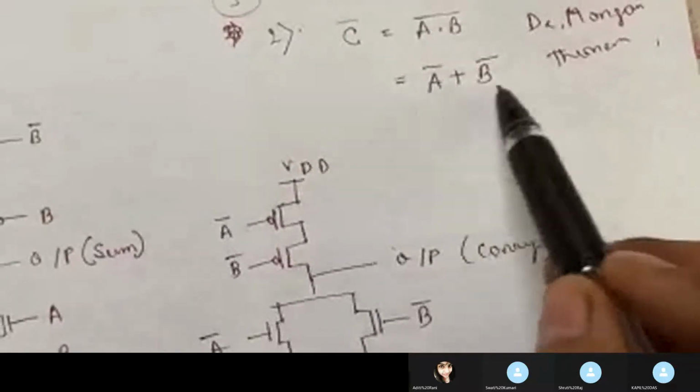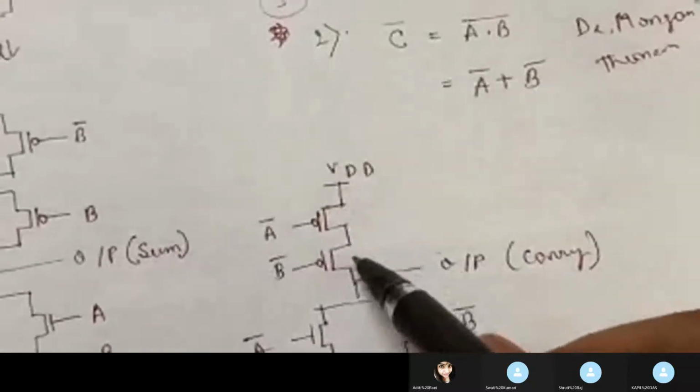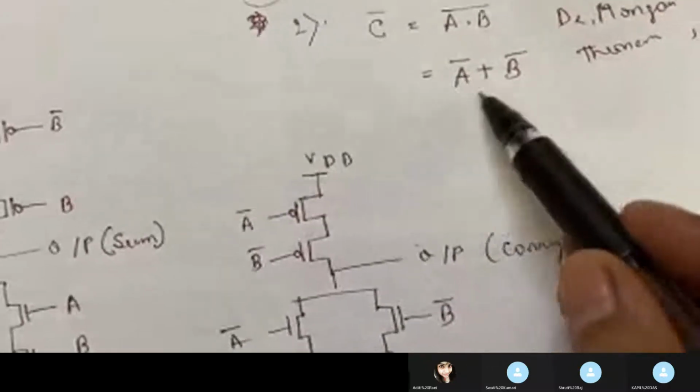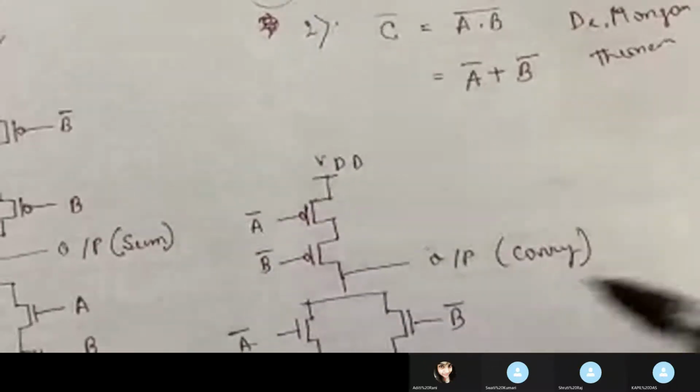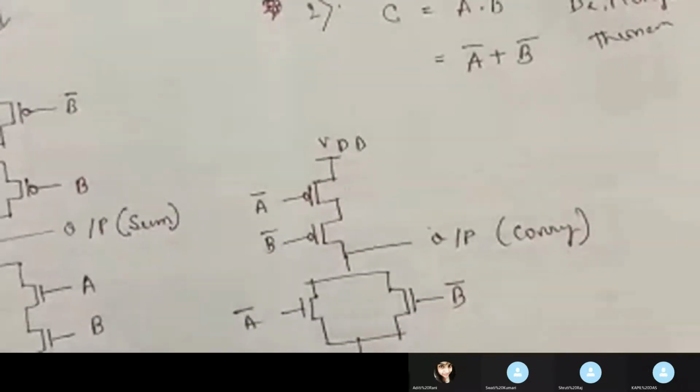So these two are in OR connection. OR connection in the pull-up network will become series. So A bar and B bar are both in series connection. And in the pull-down network, A bar and B bar are both in parallel connection, right? So this is the CMOS representation of carry.